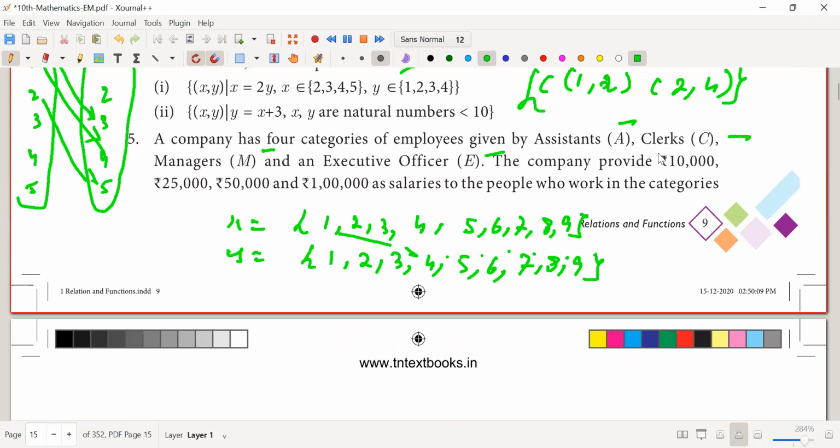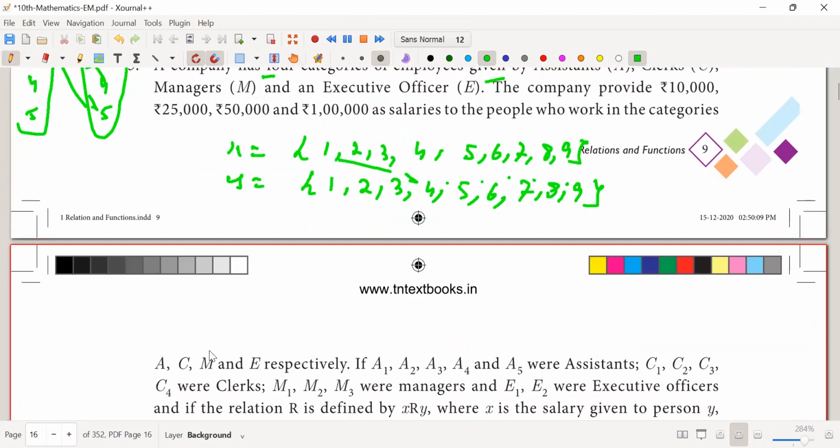That's how a big company is formed. The company provides 10,000, 25,000, 50,000, and 1 lakh as salaries to people who work in the categories A, C, M, and E respectively: assistant, clerk, manager, executive.